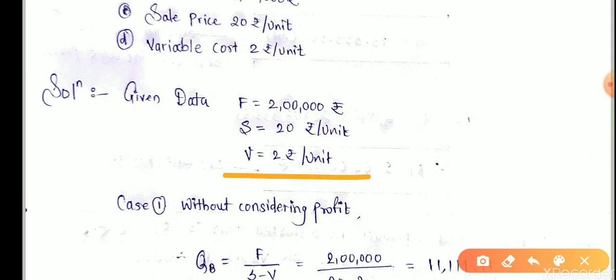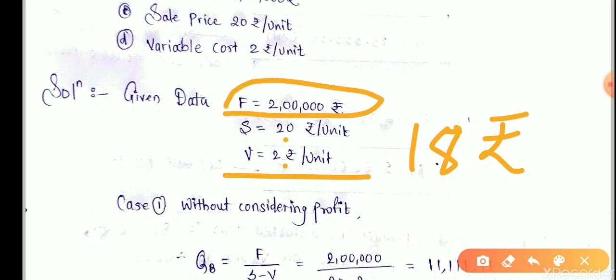Means the contribution for every unit is 20 minus 2, that is 18 rupees. We have the profit, or we can say the income from one unit to us, and F is our fixed cost, that is the outgoing.